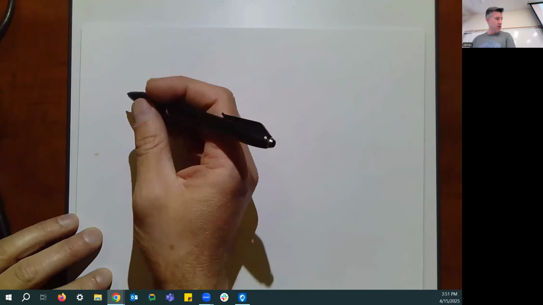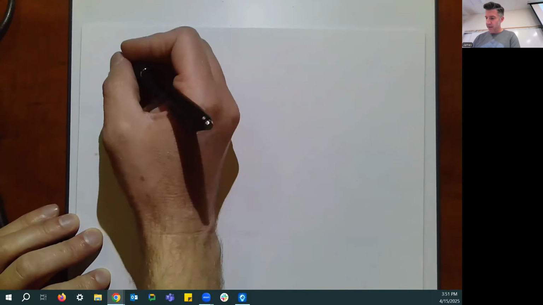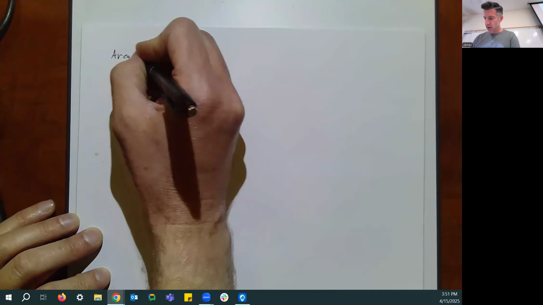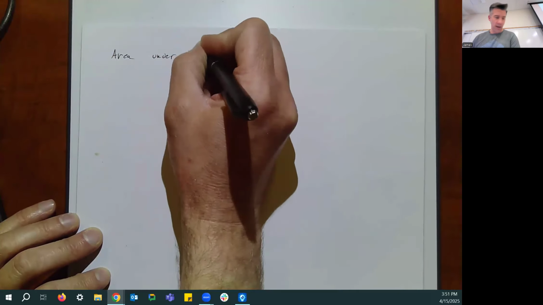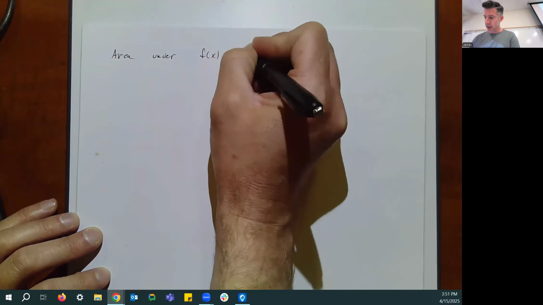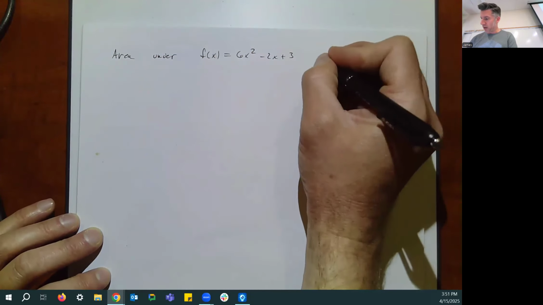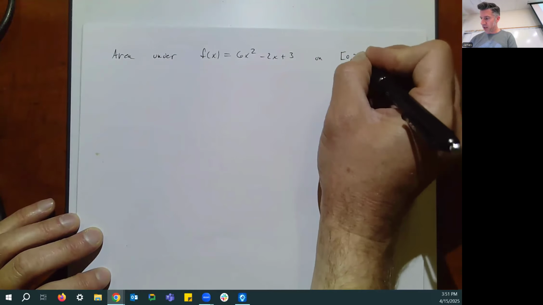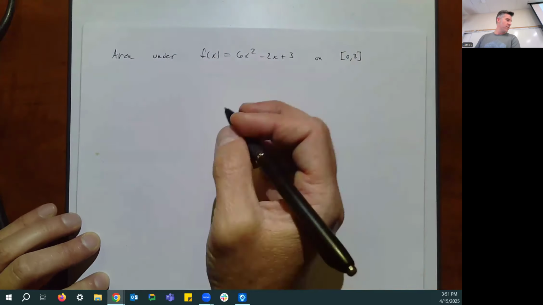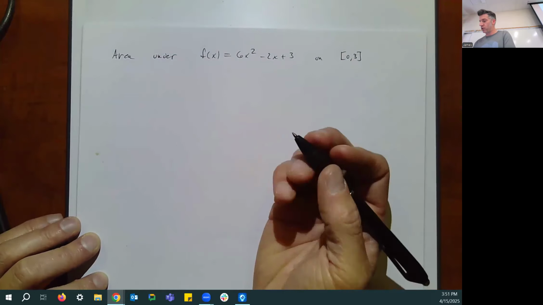So, yeah. So this is the only question on my practice exam that maybe kind of differs wildly from his. He didn't ask one like this, but that doesn't mean we can't do it. So here is the question I asked. Find the area under f of x equal to 6x squared minus 2x plus 3 on the interval from 0 to 3 using the limit definition of the area under a function.